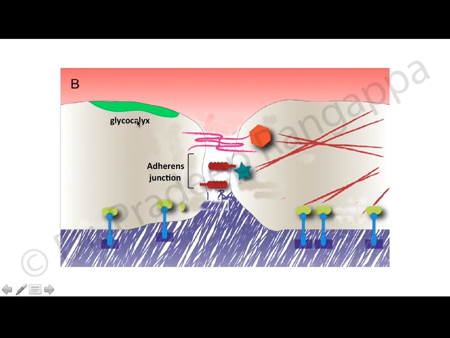The glycocalyx is another one which maintains the endothelial integrity. And there are the tight junctions. So these are the three main elements which maintain vascular endothelial integrity. As I said, the integrity of the adherens junction is maintained by vascular endothelial cadherin, which is dependent on calcium to remain stable.